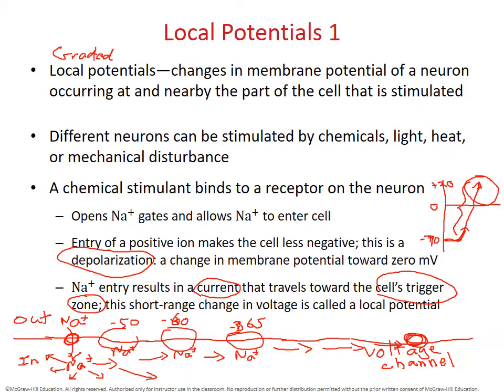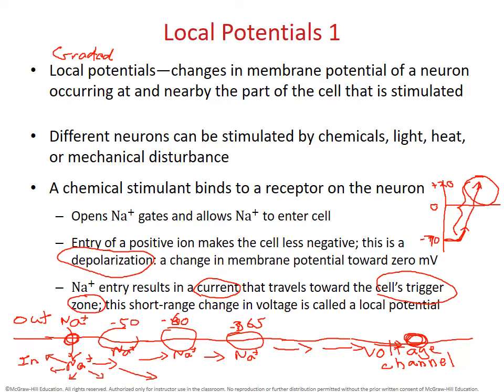Okay, but the goal and the function really of graded potentials when they occur, usually in dendrites, is to create this current, this wave of depolarization that decreases in strength as it spreads, trying to get that to be strong enough so then when it reaches the trigger zone, it can stimulate voltage-gated channels.